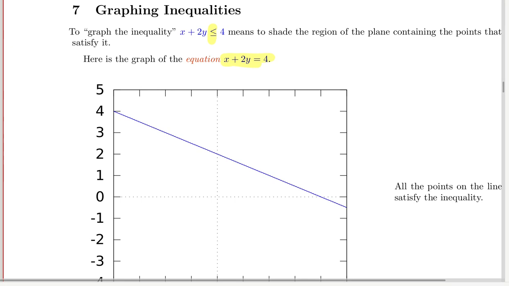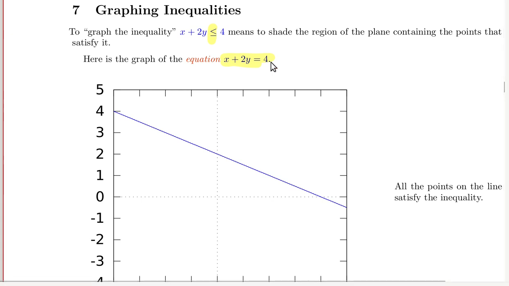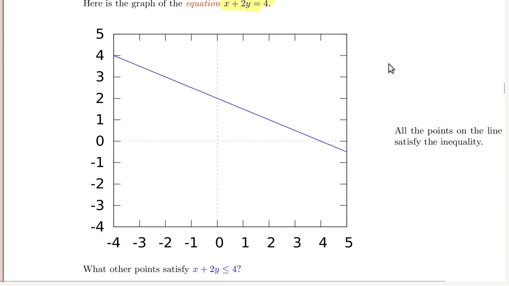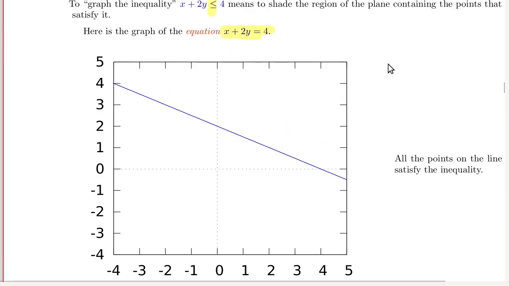Okay, so here's the line. I graphed it, I don't remember, maybe I used MATLAB or Maxima, I think, on Linux. Anyway, here's the graph of the line x plus 2y equals 4. It's the blue line. And then really the only thing that remains is which side of the line also gets shaded.